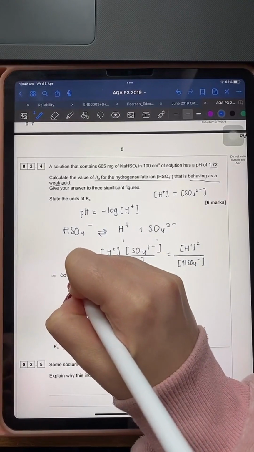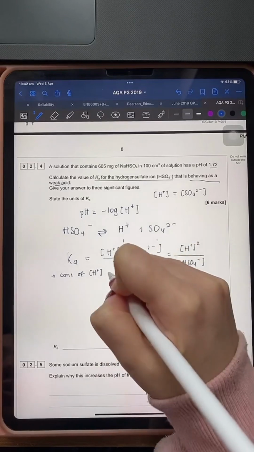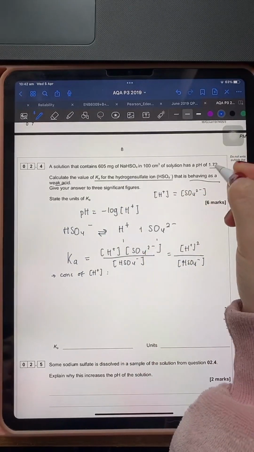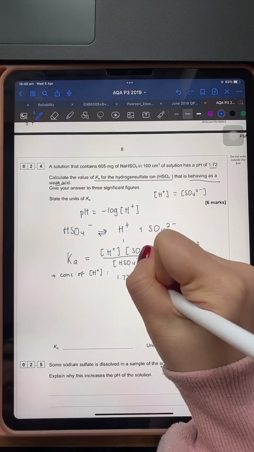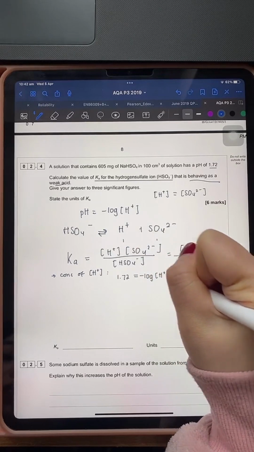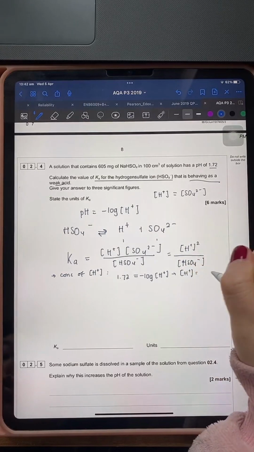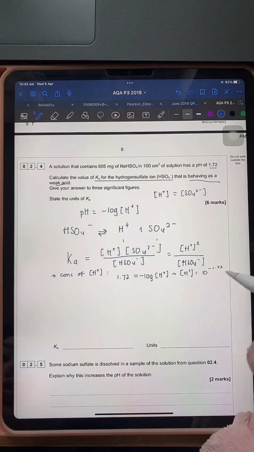So finding the concentration of H plus first. We have pH equals minus log H plus, and the pH is 1.72. So you have 1.72 equals minus log H plus. So that means the concentration of hydrogen is 10 to the minus 1.72.